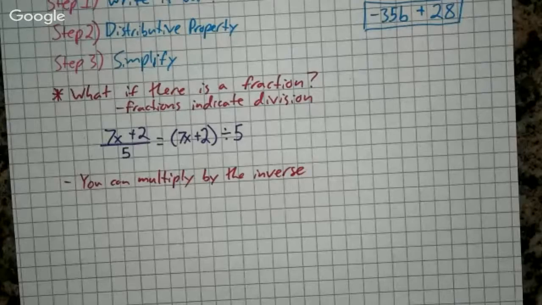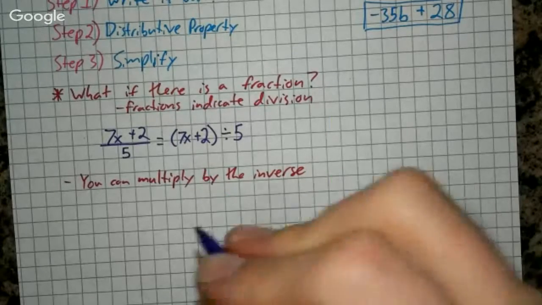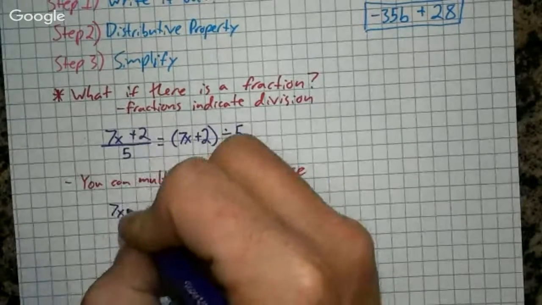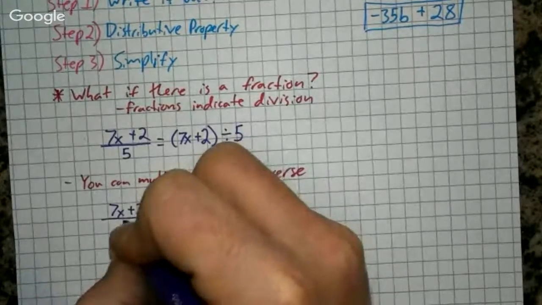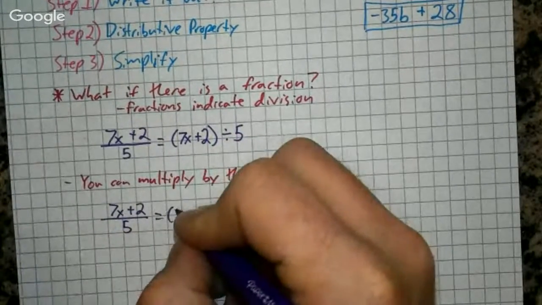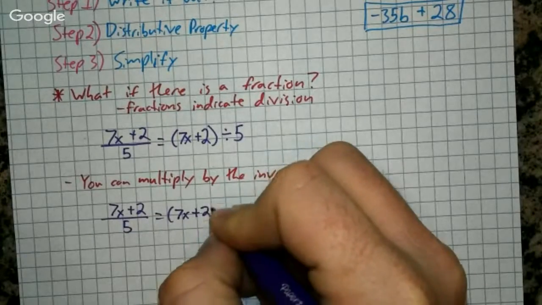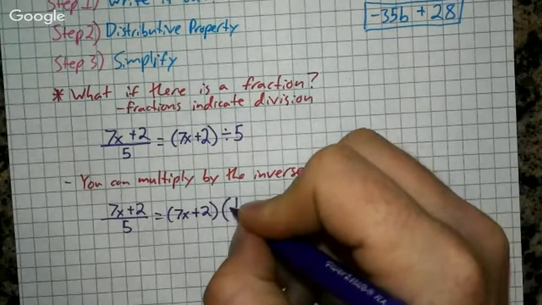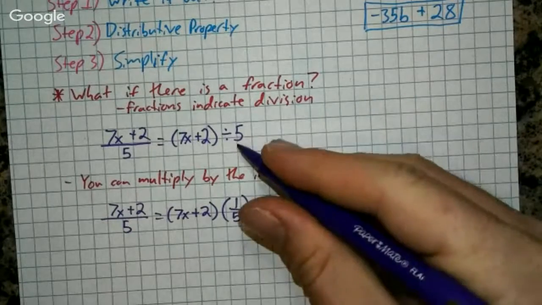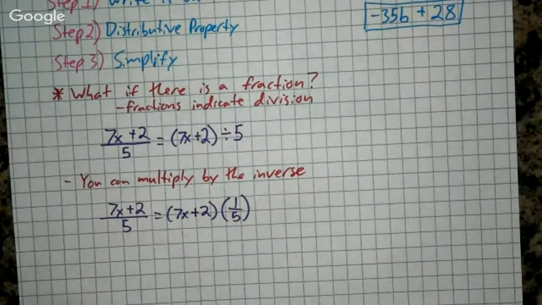So it's actually going to be, we have 7x plus 2 over 5, and that now becomes 7x plus 2 multiplied by 1 over 5, which is the same thing because those are inverse. So we can go ahead and do that.